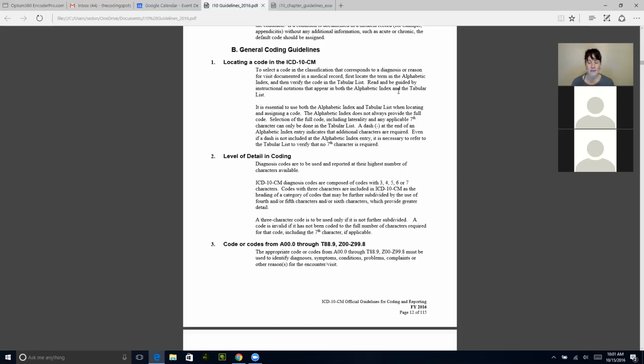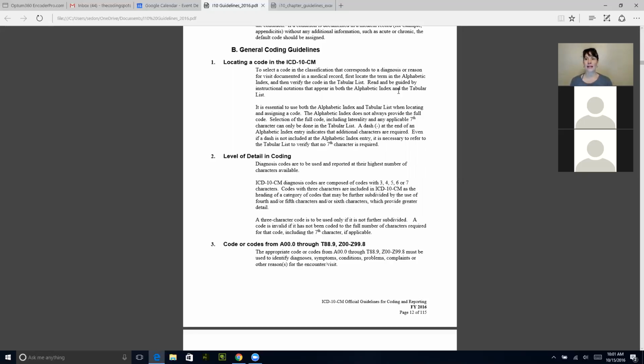So I'm sharing my screen, and you can see that I'm in the ICD-10 guidelines. Don't pay attention to the page numbers in this, because the page numbers aren't going to reflect the page numbers in your manual.